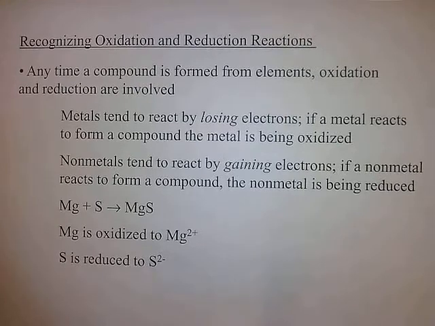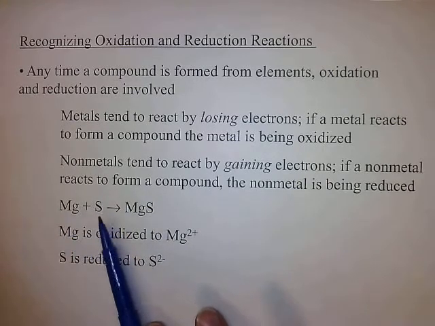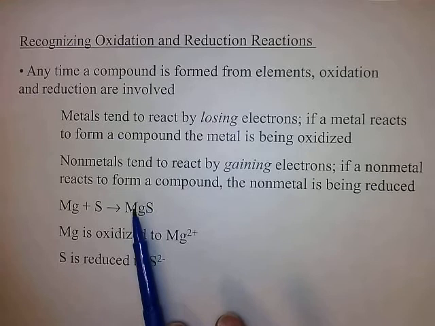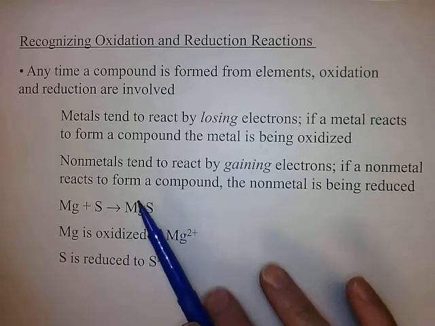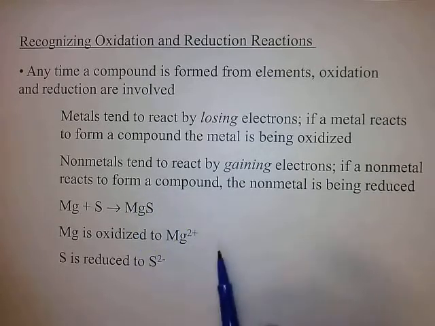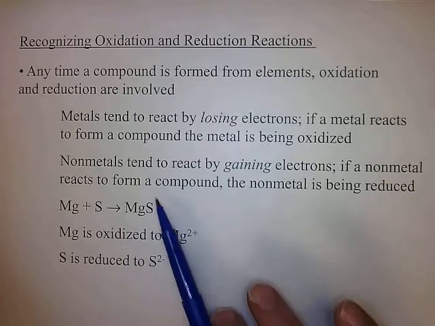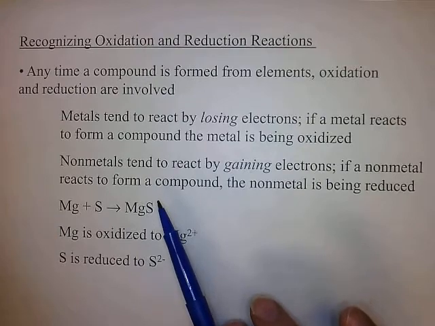So the example here that I gave you is the production of magnesium sulfide from magnesium and sulfur. Magnesium and sulfur are elements. Magnesium sulfide is a compound. Now, the magnesium sulfide is going to be an ionic compound, so the magnesium is going to be 2+ and the sulfur is going to be 2-.